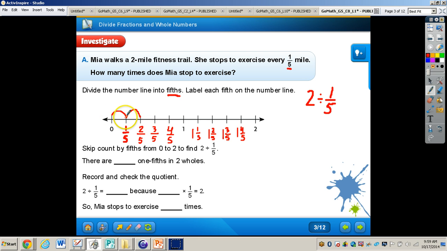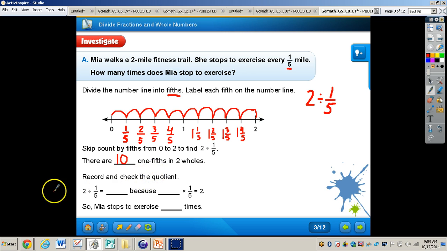Okay, so we have 1, 2, 3, 4, 5, 6, 7, 8, 9, 10 1/5s in 2.